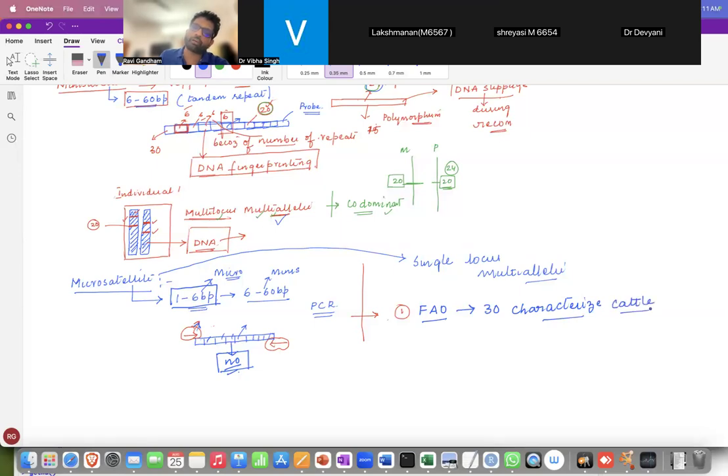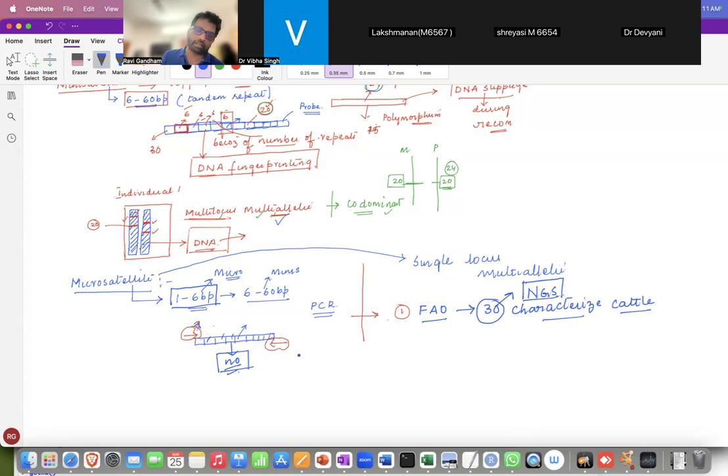That's how FAO was initially defined. Now that NGS is in vogue, no one is characterizing by using microsatellites. But earlier, for cattle breeds, sheep breeds, even goat breeds, there was a defined set of microsatellite primers.